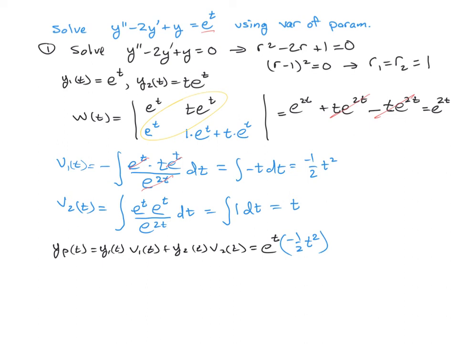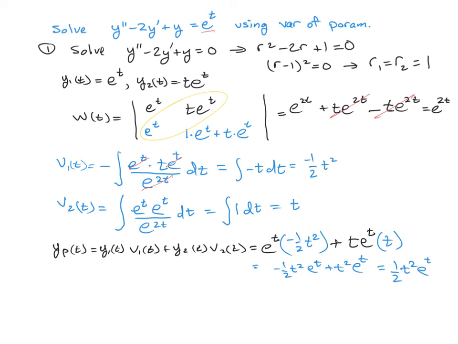And then we have our y2, which was t e to the t, times the v2, which was just plain t. So we end up with a negative 1/2 t squared e to the t, plus a positive t squared e to the t. That makes just 1/2 t squared e to the t.